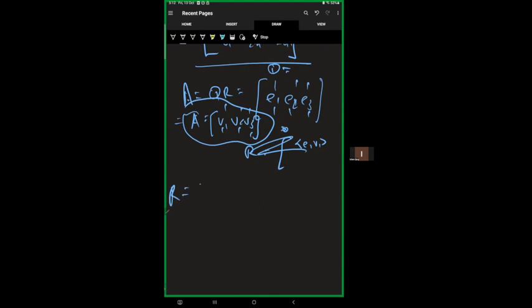R is E1 into V1, then we have E1 into V2, E1 into V3, 0, 0, 0, E2 into V2, E3 into V3, and here we have E2 into V3.